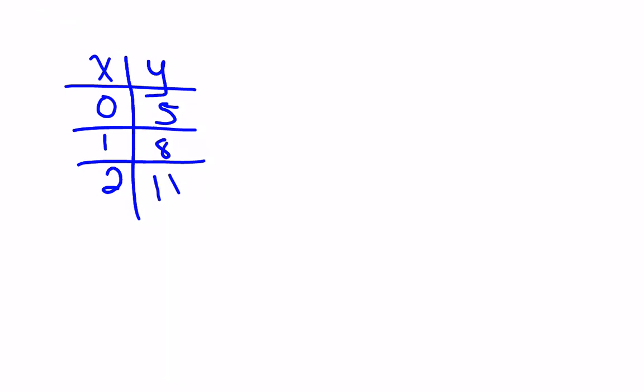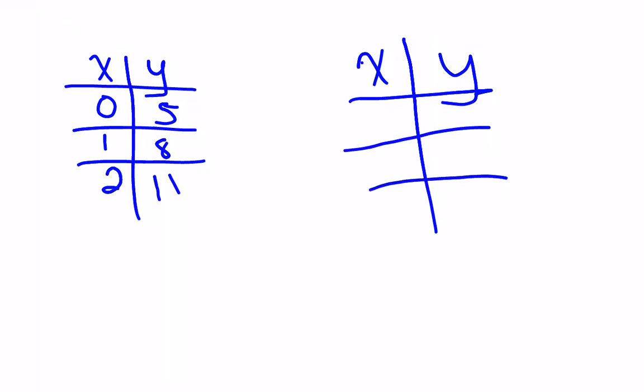In this case, then an inverse would mean that we swap x's and y's. So now the new inverse function, the x's would be 5, 8, 11, and the y's would be 0, 1, and 2. Pretty easy.